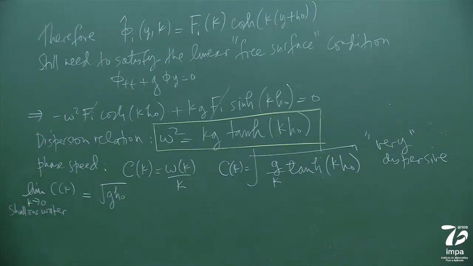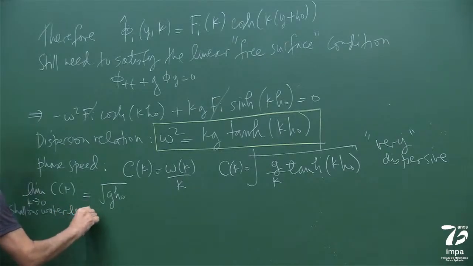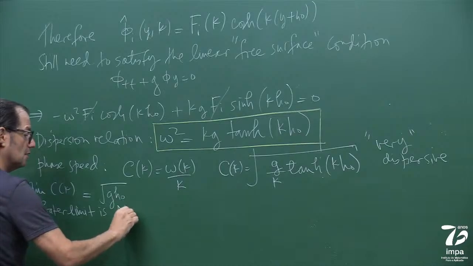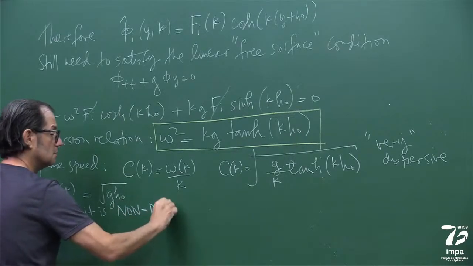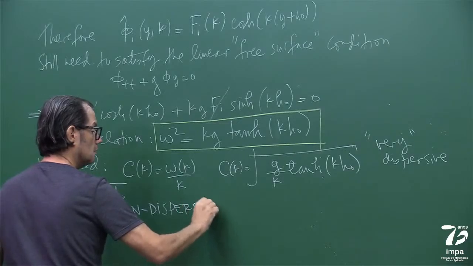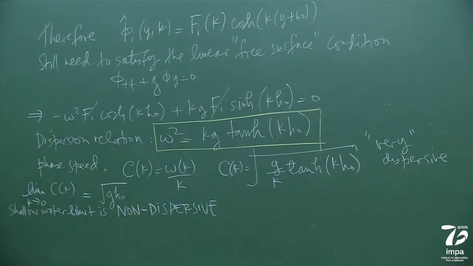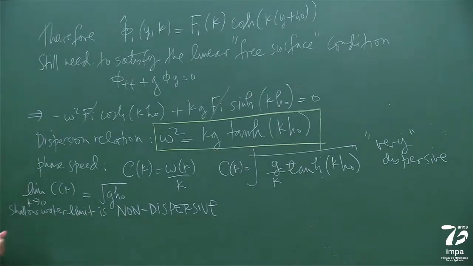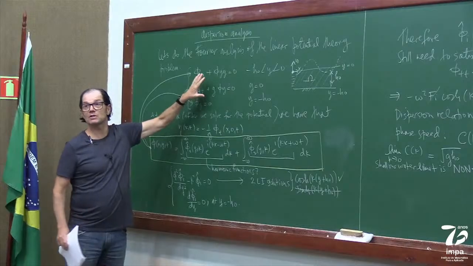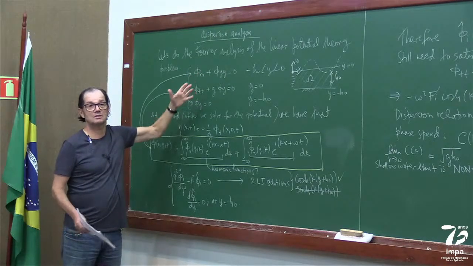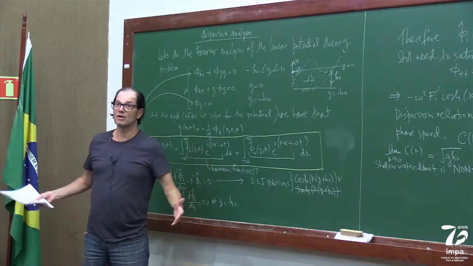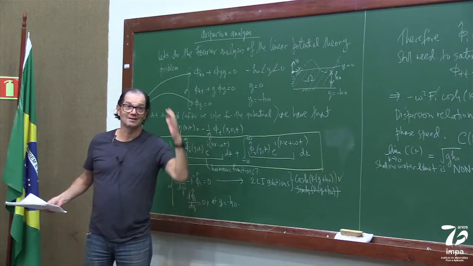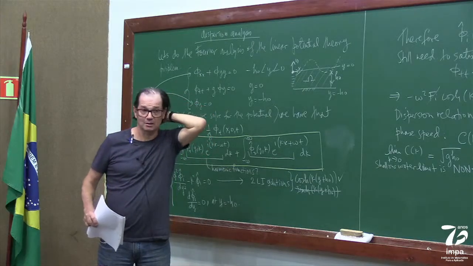And so the shallow water limit is non-dispersive. Why is it non-dispersive? Because it does not depend on k. And actually, as I showed you, if you do this with the dimensionless variables, you see it's the equation we saw before, the very simple wave equation, which is hyperbolic. So the shallow water limit is hyperbolic, right?